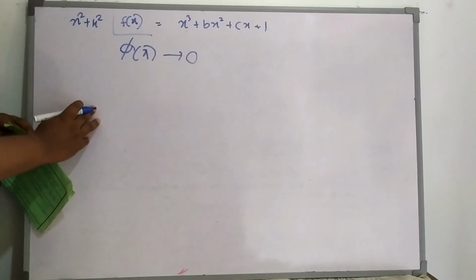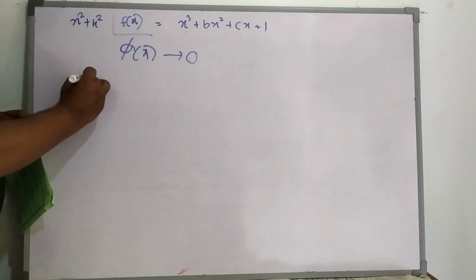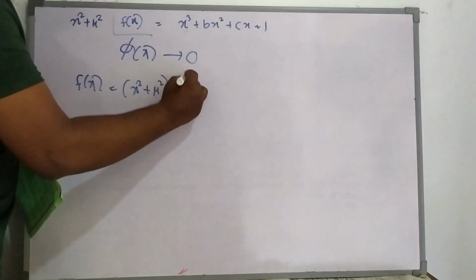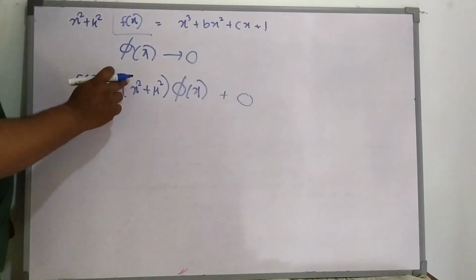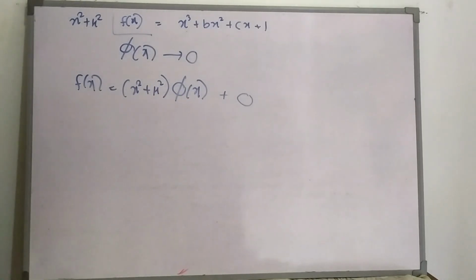Actually, you can't use the remainder theorem right now, because whatever you put as x, psi(x) does not get cancelled off.